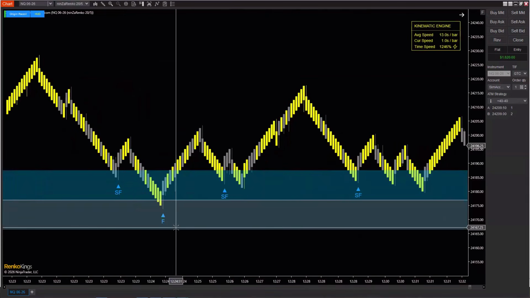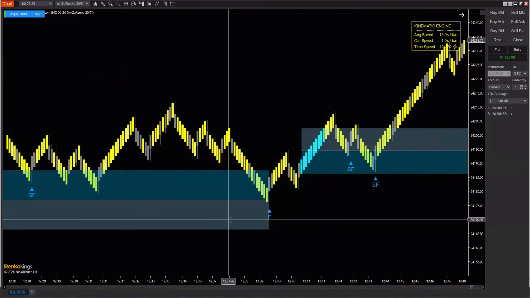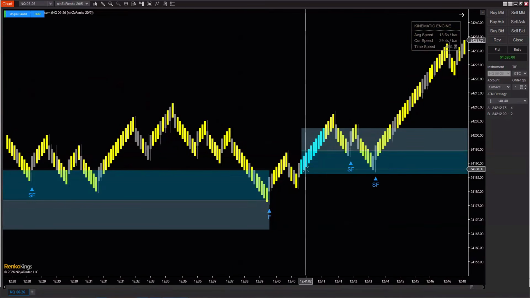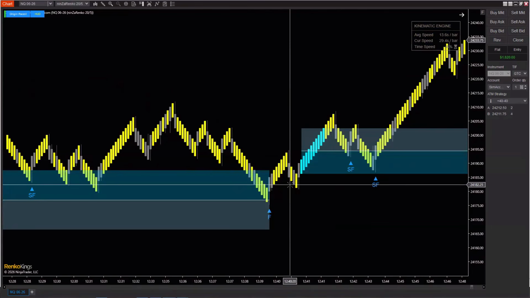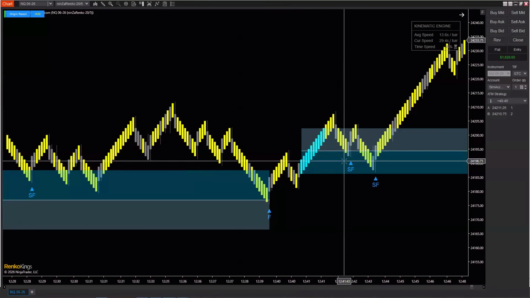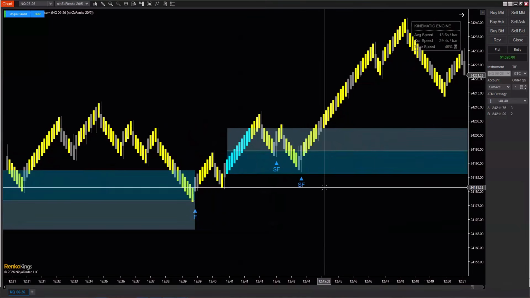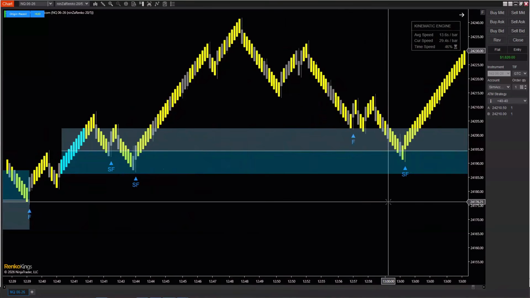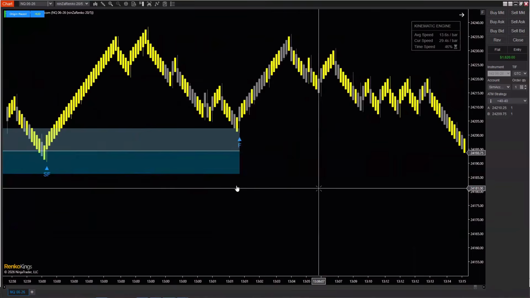So we have this again: reaction, reaction, reaction, and then it identifies very quickly another. As price comes out of one very fast zone, the indicator identifies another very fast zone, and the same idea applies: price is just going to leave this area pretty fast. Test and out, test and out, test and out.